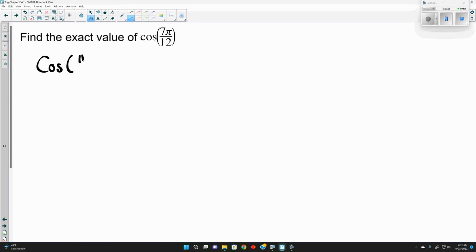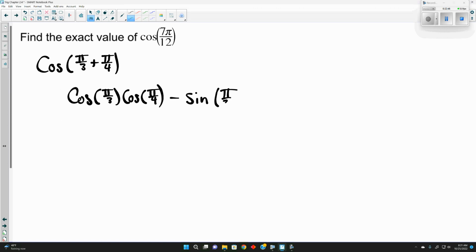So we can say cosine of pi over 3 plus pi over 4, which is cosine of pi over 3, cosine of pi over 4, minus sine of pi over 3, sine of pi over 4. Probably if you already typed it into the calculator, it already gave you the answer, yes?